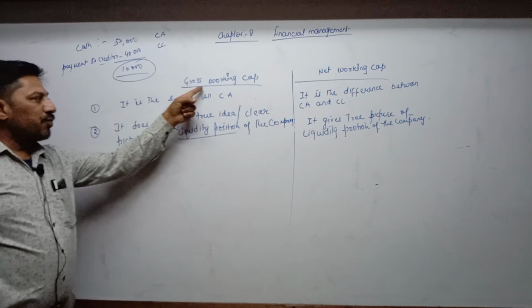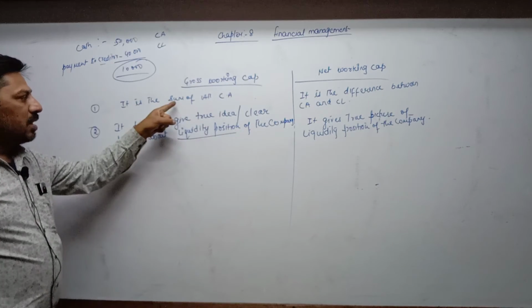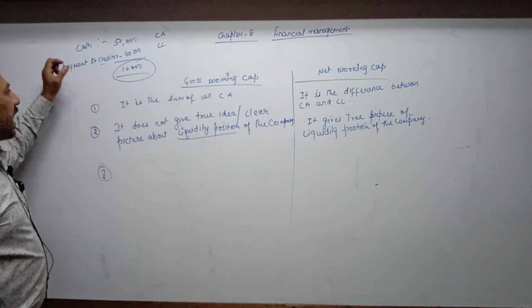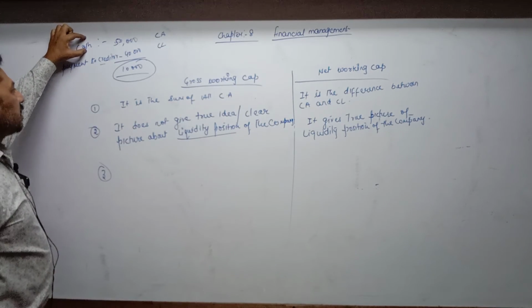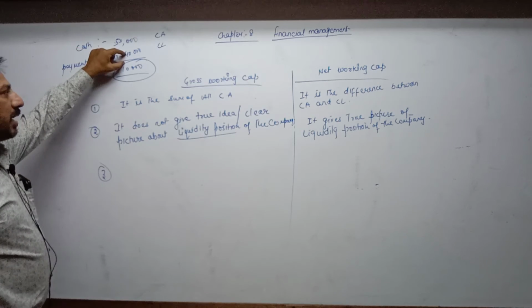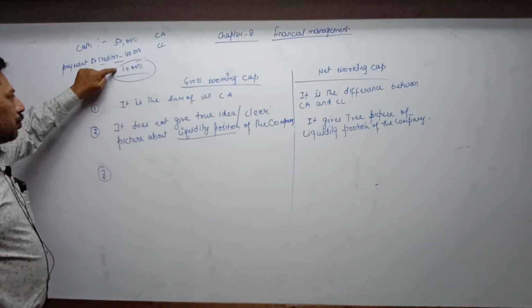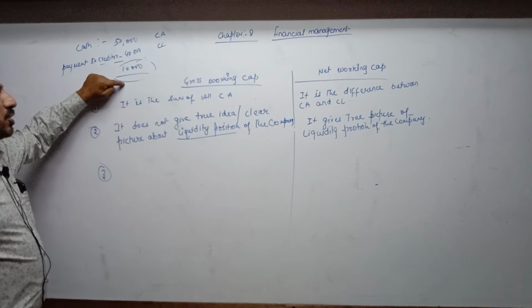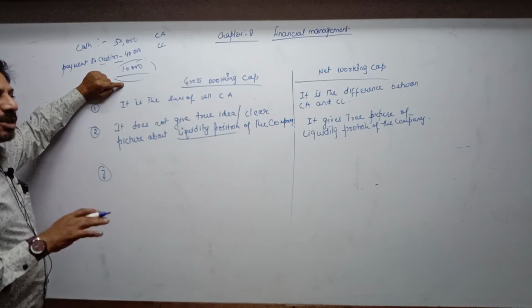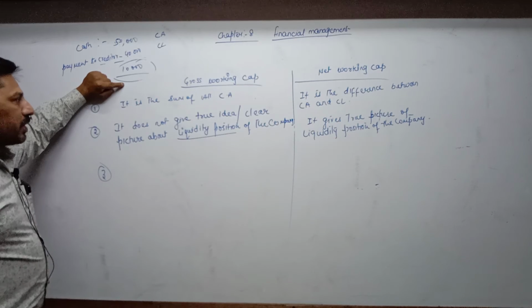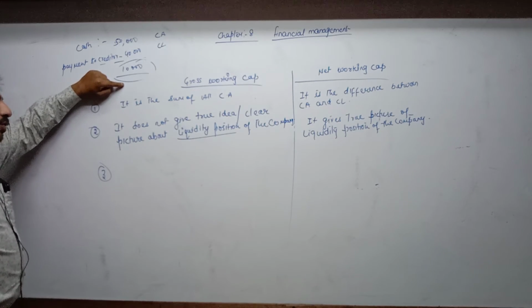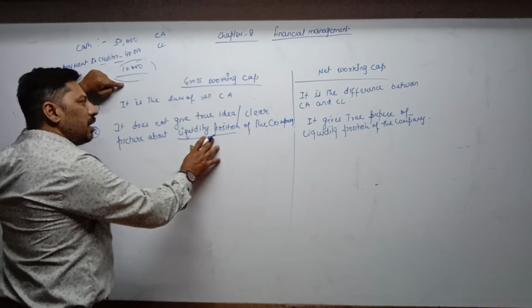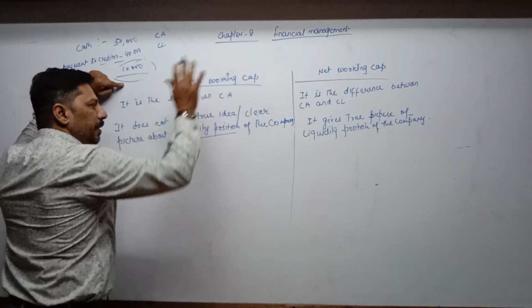But in case of gross working capital, we are taking only the sum of all current assets, means it is the addition of only and only current assets. We are not deducting current liability. That's why we are not able to get this result. Means we are not able to know how much cash is available with the business on that particular date, or the liquidity position of the company through gross working capital.